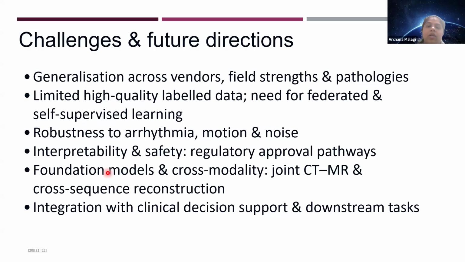And medical imaging has a variety of modalities like CT, MRI, PET. Using different types of images for training makes reconstruction training better. And then integrating it into a clinical decision system is also very demanding.